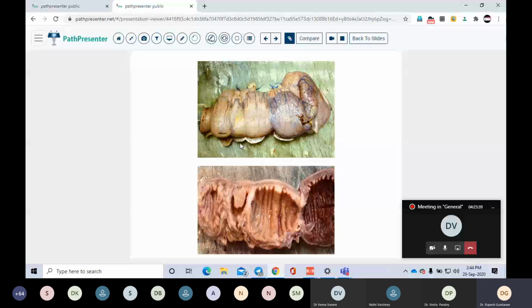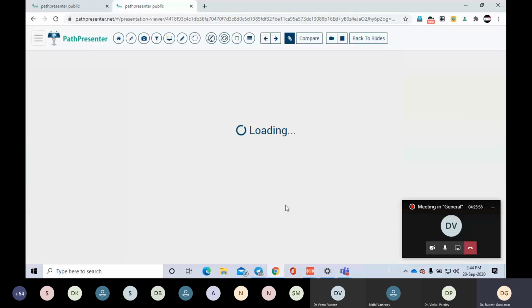When you open this, you can see the bridging diaphragm that is trying to bridge one side of the mucosa to the other side. So this is the kinking seen on the mucosal aspect. How is it seen under the microscope? It will be like this.